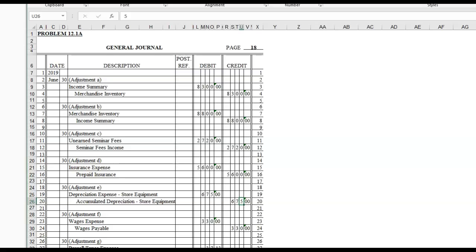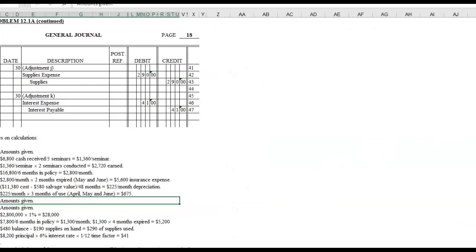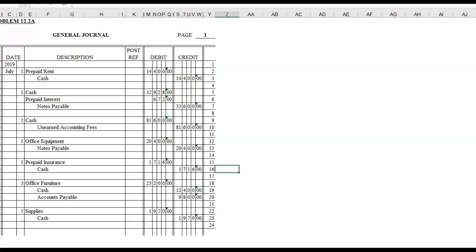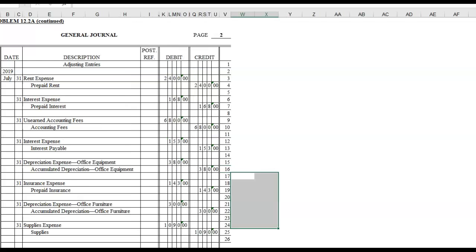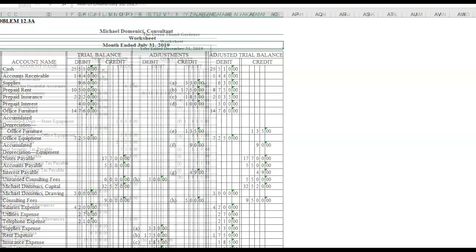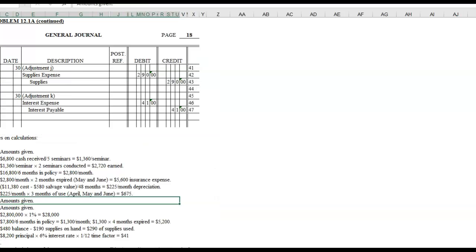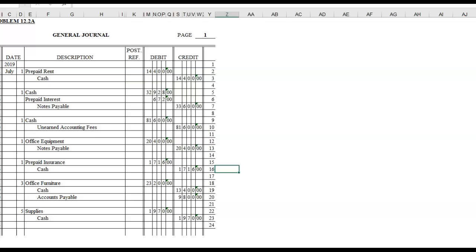I think I might, let me see what the other ones are. 12.2, 12.2a. They did it on the worksheet. Okay. Well, I think what we should do is skip the whole big worksheet thing and just do 12.1a and 12.2a.